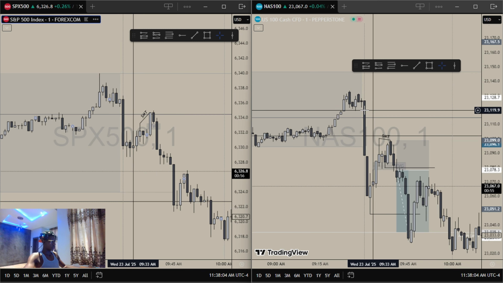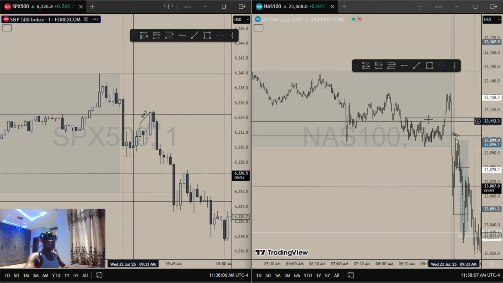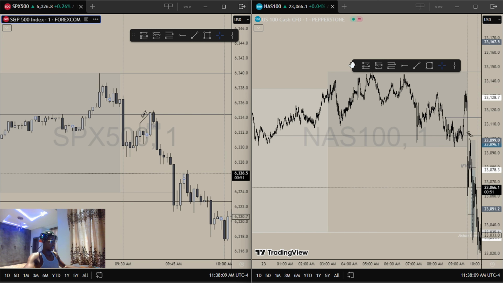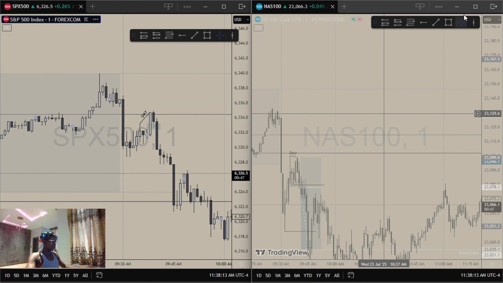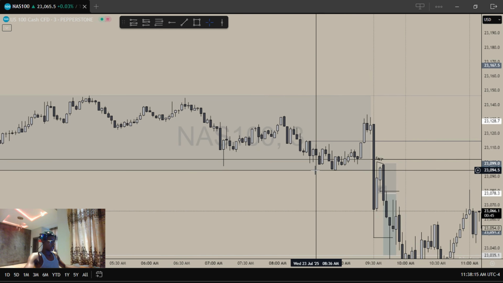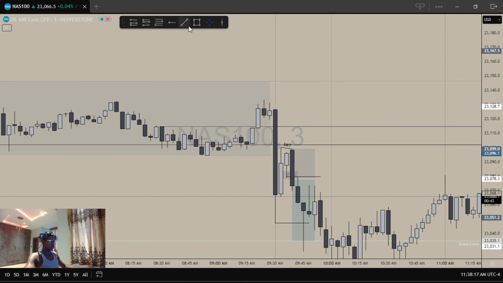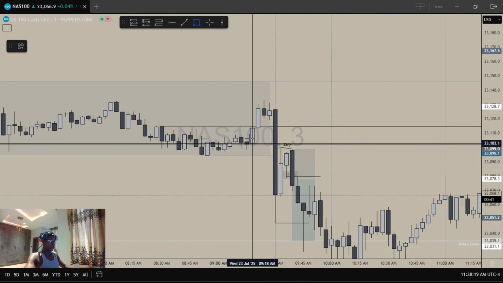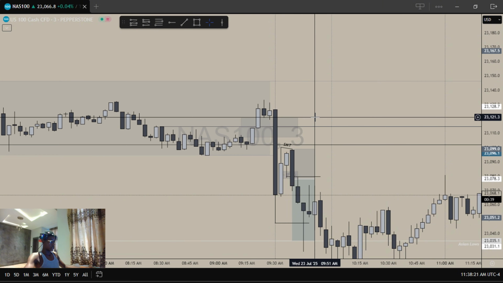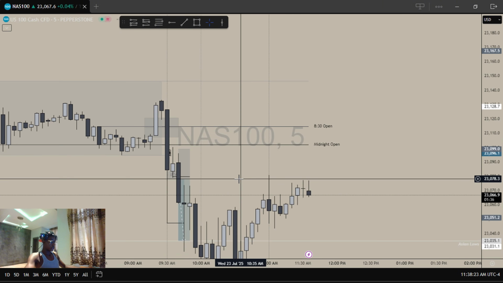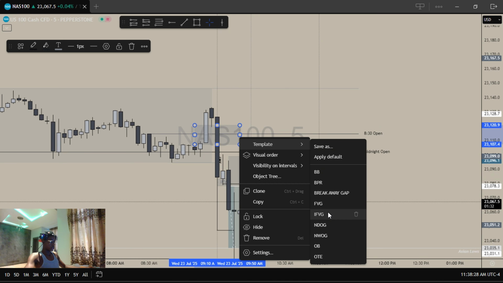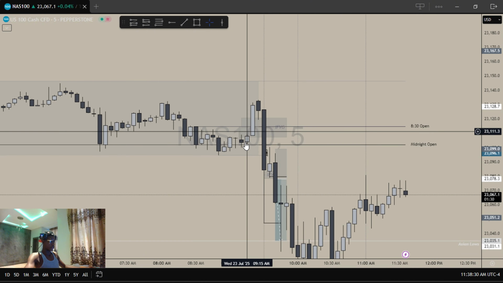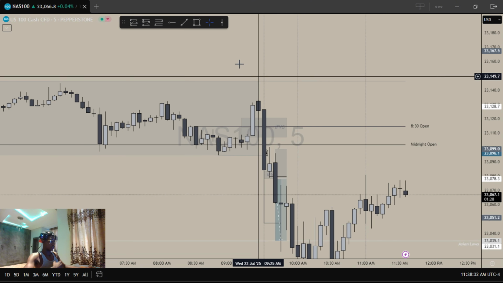So as you can see here, we ended up making that SMT, and if we go to the 3 minute time frame on the NASDAQ, what do we see here? We see an inverse fair value gap. Let's just go to the 5. We will clearly see an inverse fair value gap here on the NASDAQ right there. So this would have really been a good sell trade right there.